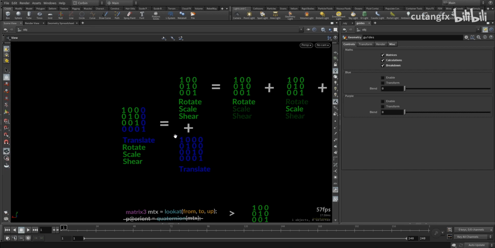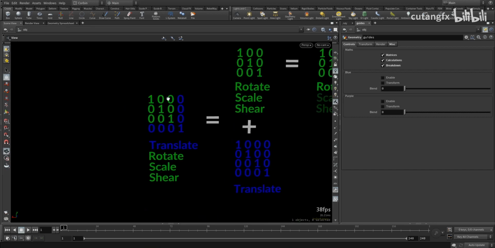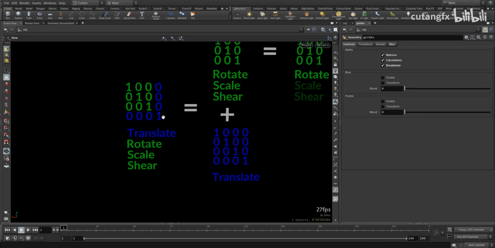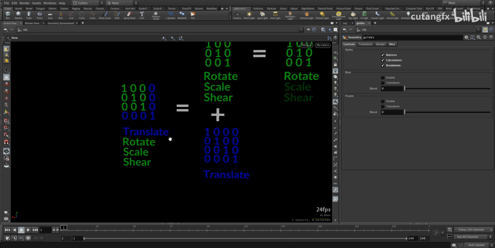Okay, so we look at our 4x4 matrix over here. Now, really, the difference between a 4x4 matrix and a 3x3 is that the 4x4 has translations included in it. Okay, so if we calculate only a rotation matrix, it is a 3x3 matrix.